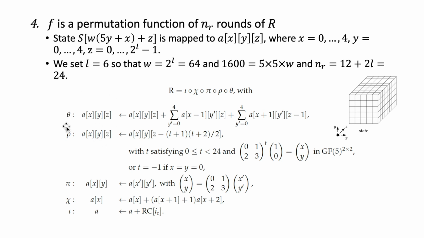For these 5 functions, we are not going to explain the details. There are some operations of addition and multiplication of the matrix, and these operations are defined in the field GF(2). And for the last function, the iota function, we're going to need a round constant RC, and for each round IR we're going to use a different constant.